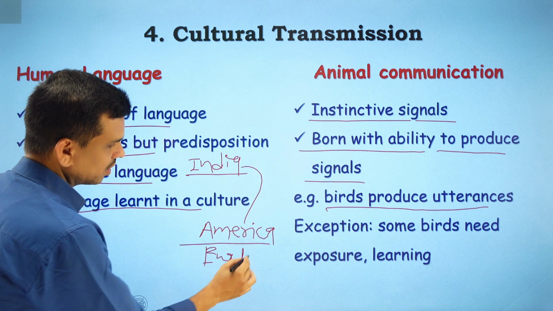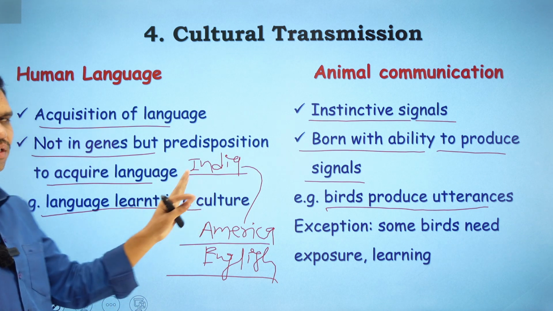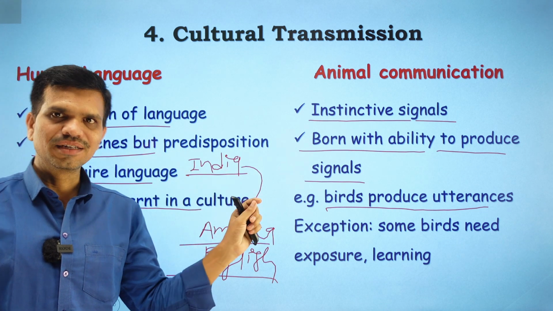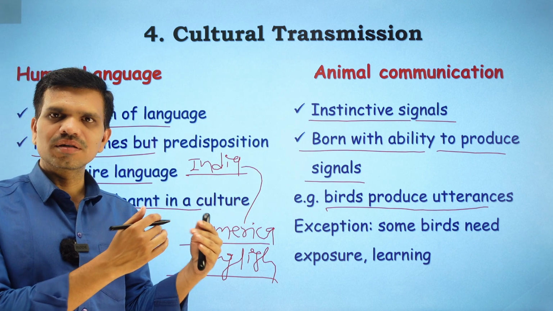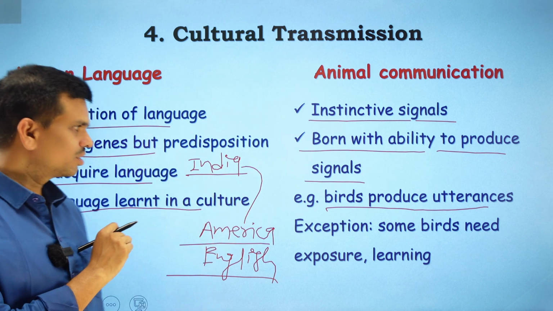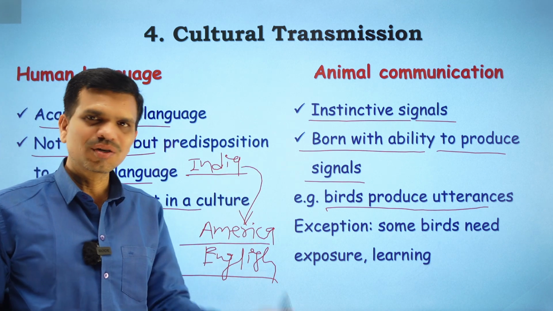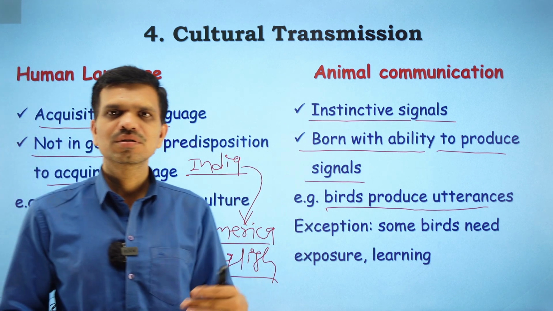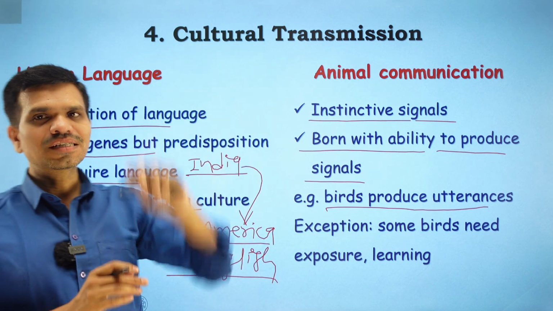This is very obvious in human language acquisition. Though the child is born in India, if it is brought up in America, then obviously he will speak the language over there. So this is the cultural transmission of language.